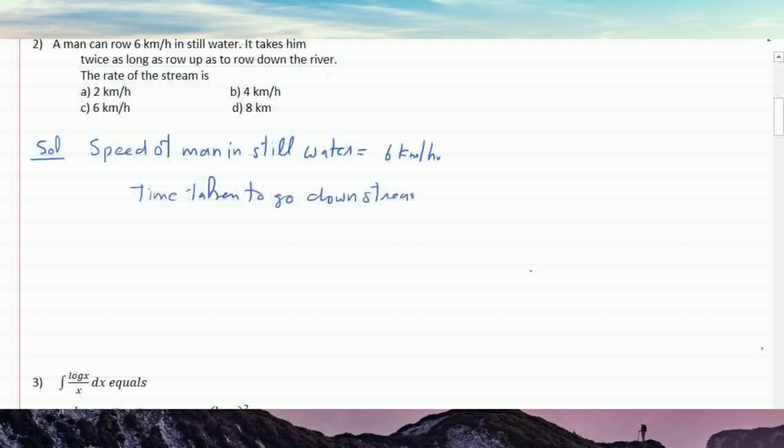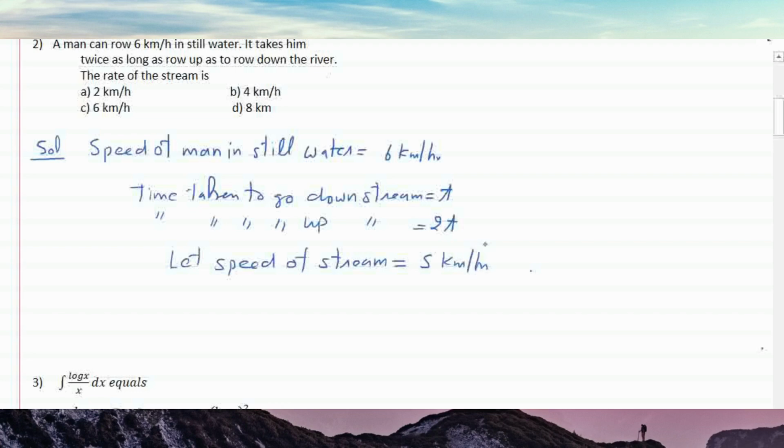Let the time be t. Then children, the time taken to go upstream will be 2t. He says it like this. Now let the speed or rate of stream be s kilometers per hour, right?